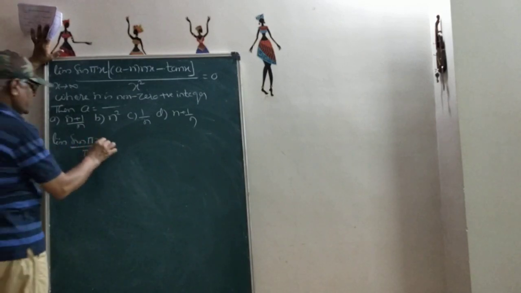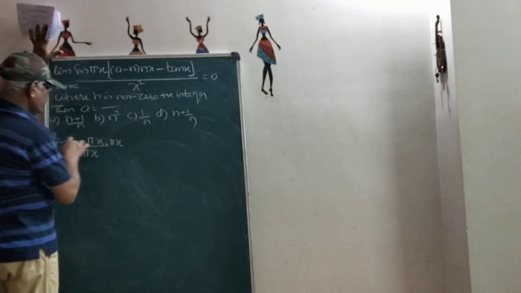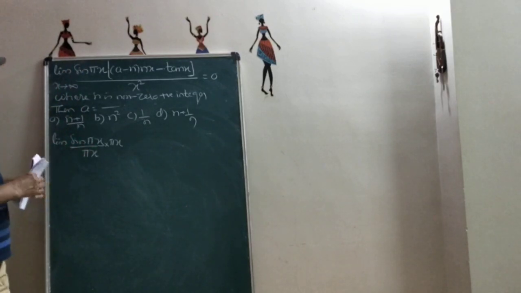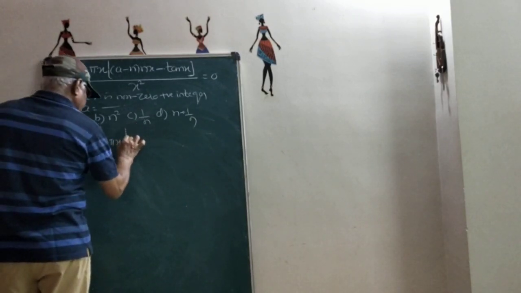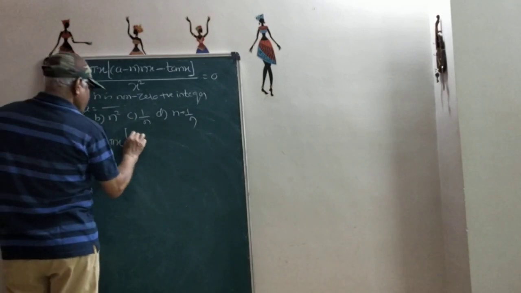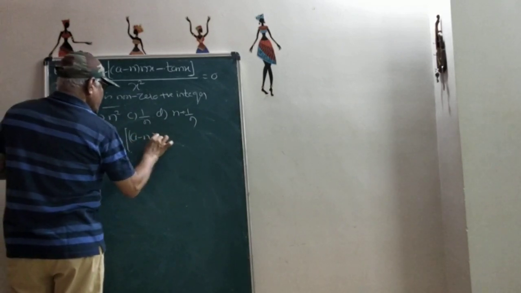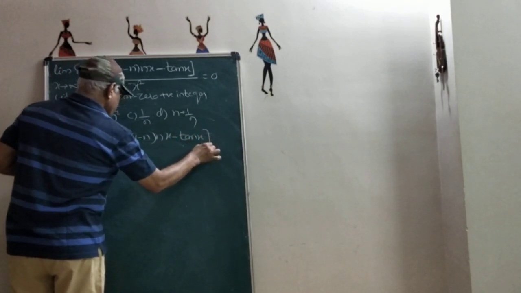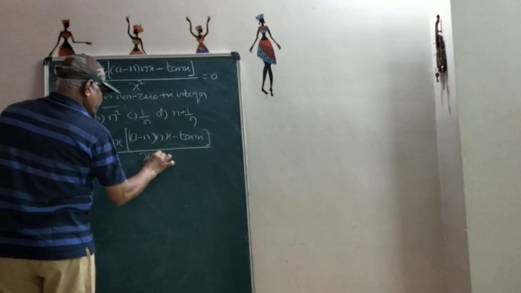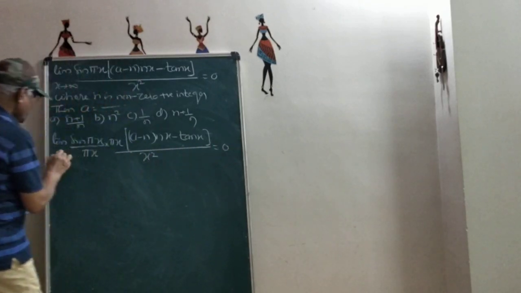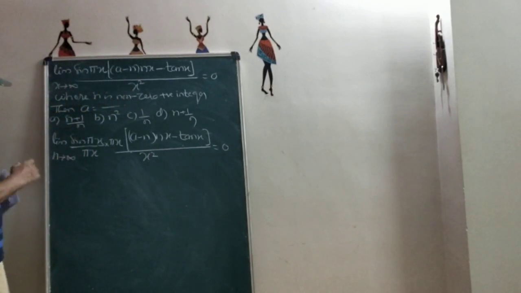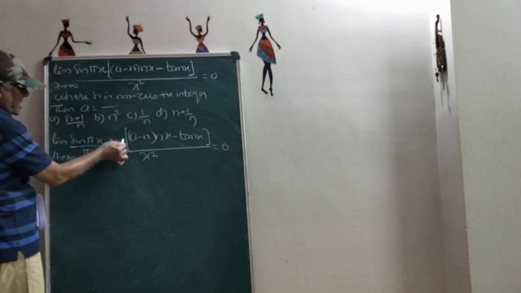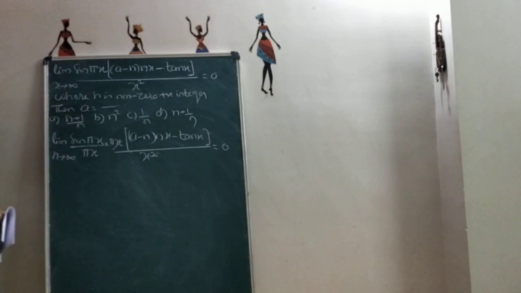Pi into x and into pi into x, I am reducing to the standard form: sin pi x upon pi x into pi x into the bracket a minus n into x minus tan x upon x square. This limit equals 0. What I have done in the first step is multiply and divide by x. Now this x and x square terms get cancelled.